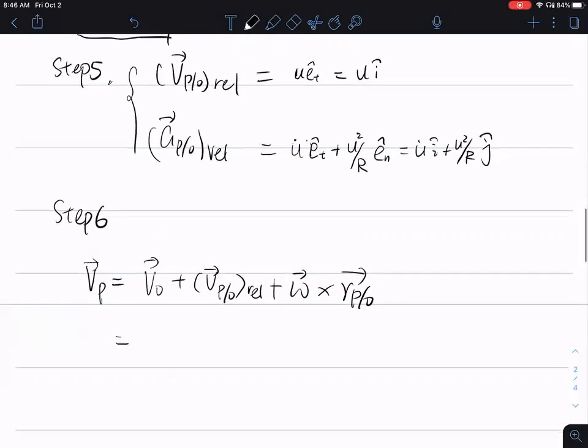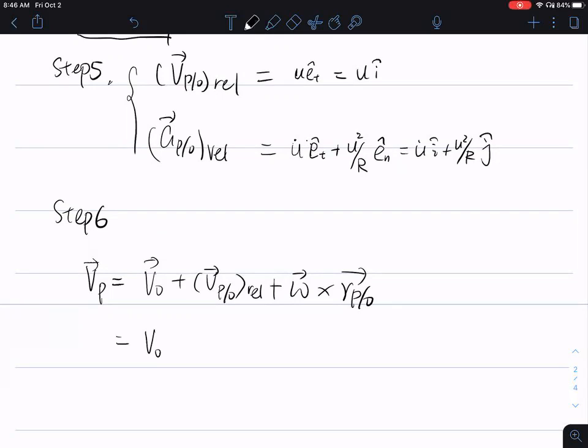We know v_O, we're given v_O. But here's a choice. Do you want to write v_O in the little xy or capital XY? That's your choice.